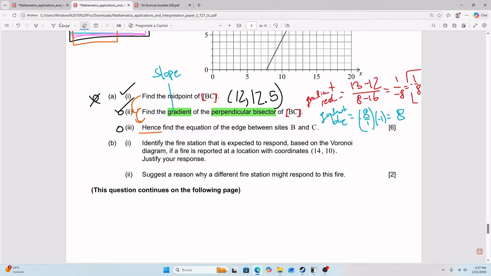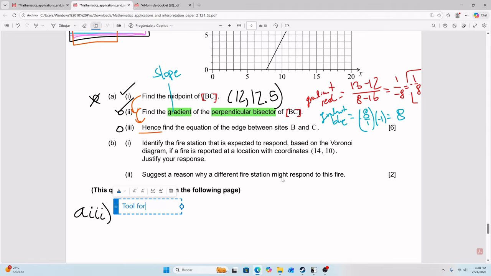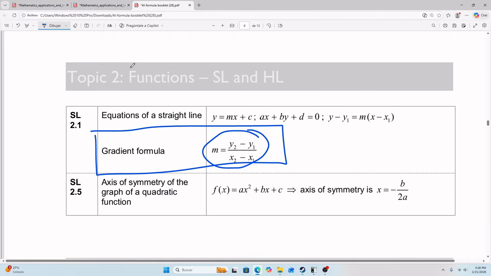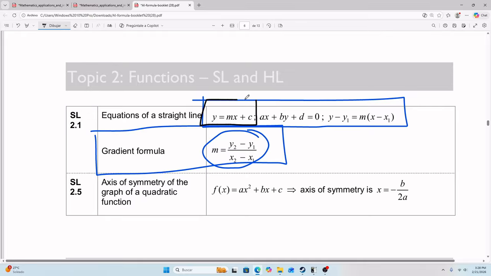And this is actually really easy, but you do have to have extremely clear your tools for creating a line. So we're going to write here, your tool for creating a line is the point slope formula. And the point slope formula is actually right there. It's one of these three. So your equations for creating a line, you have three of them. You have y equals mx plus c, the classic.